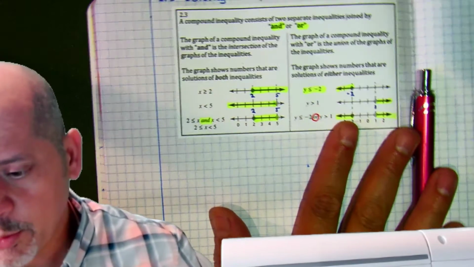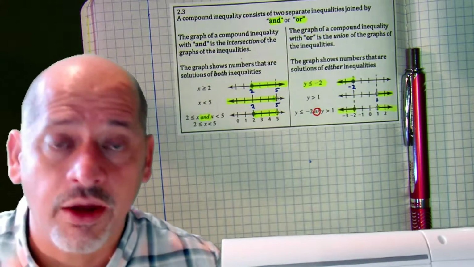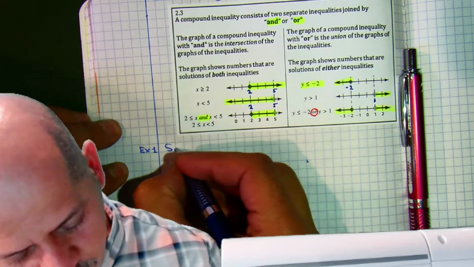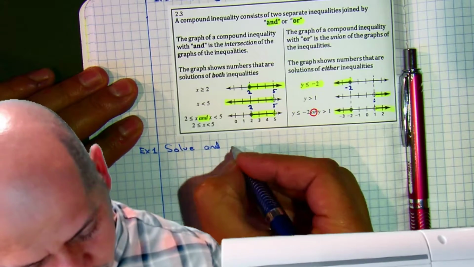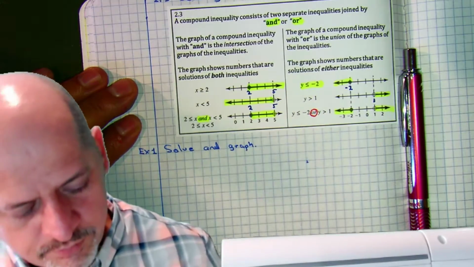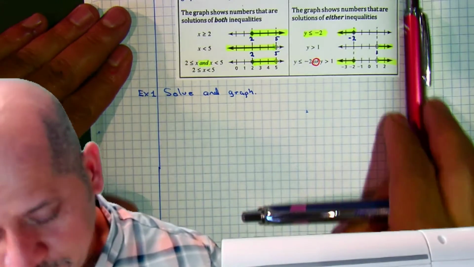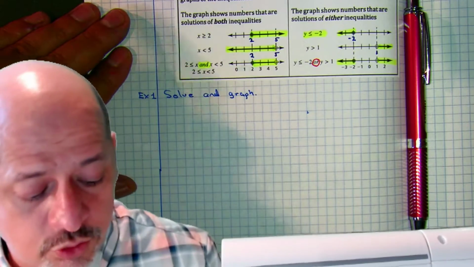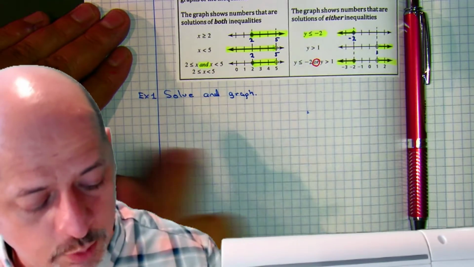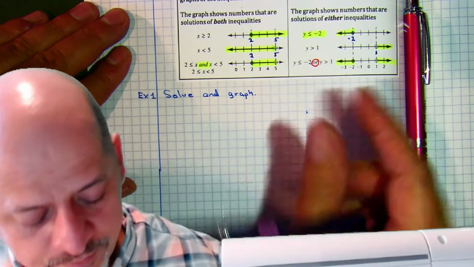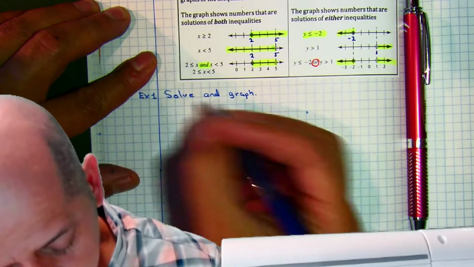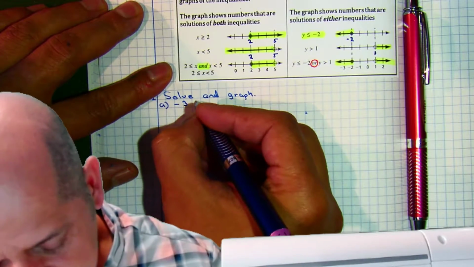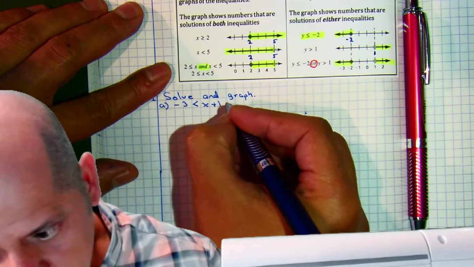So let's go through example number 1. Let's solve and graph. And we have A and B. Now, write a little smaller because we're going to have 2 in one problem, and we want to make sure that we fit A and B. A: we have -3 is less than x plus 1, which is less than 5.